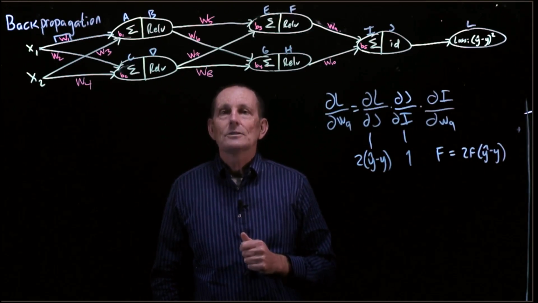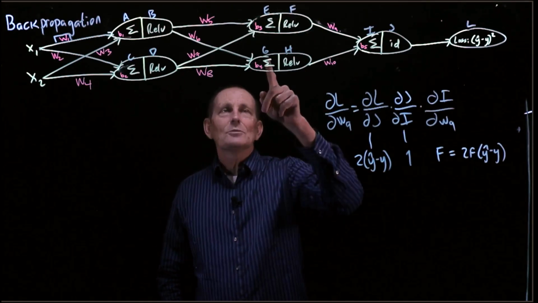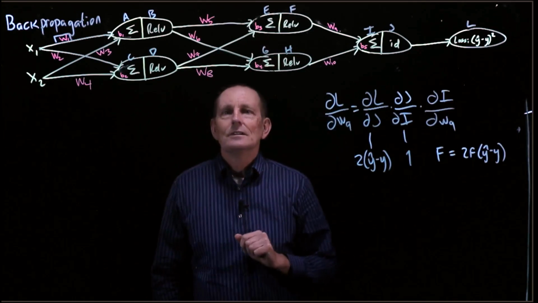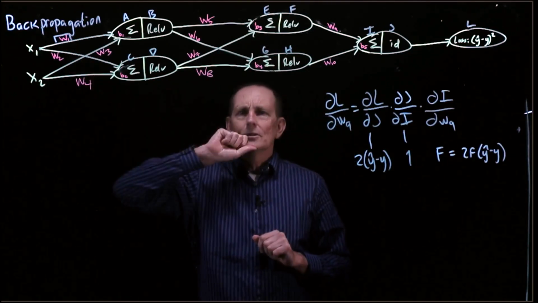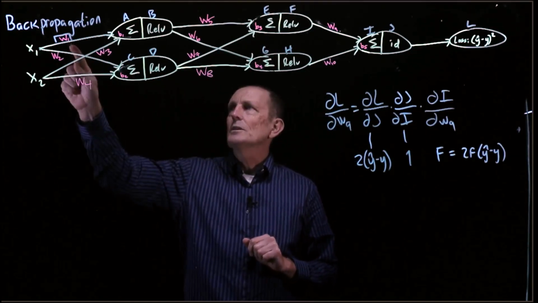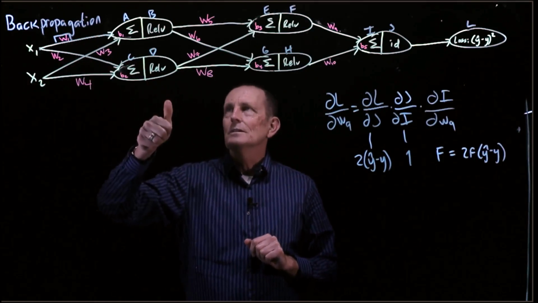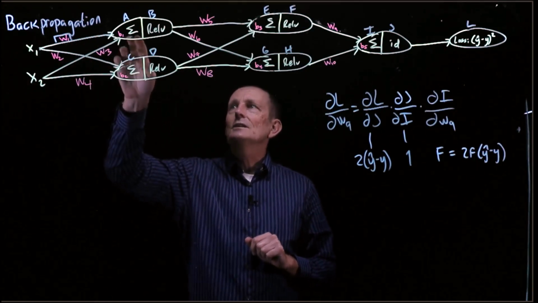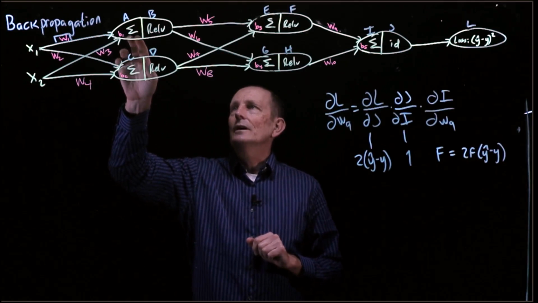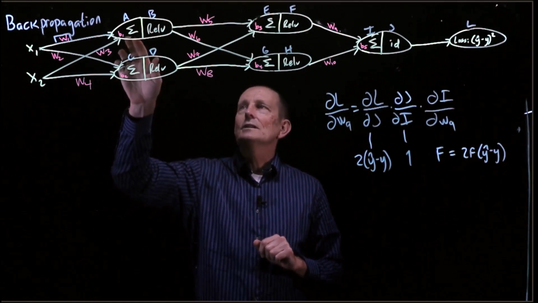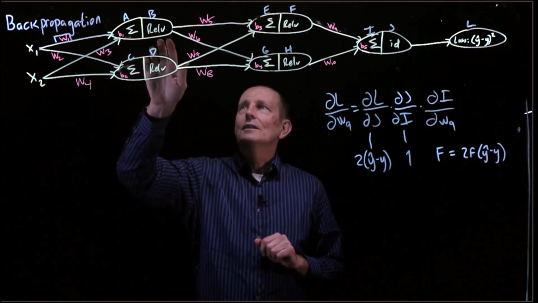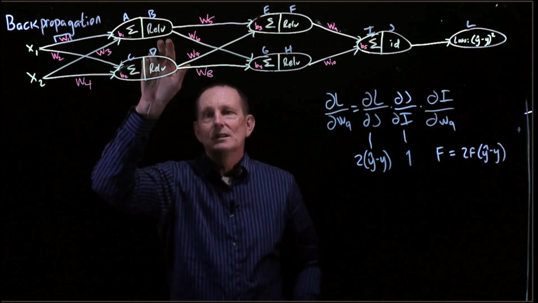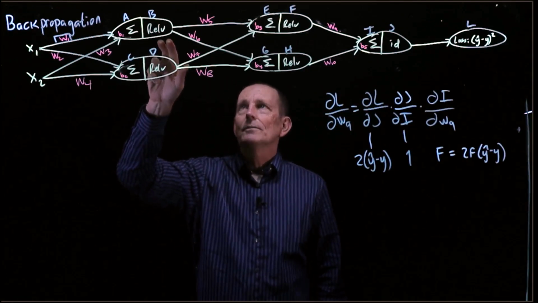Well, it turns out that because we have summations here, let's say we do a little numeric differentiation. So we take W1 and we increase it a little bit. And let's look at what happens. It increases A, right? It has no effect on C and D, but it increases A. May increase B, right, depending on whether the value was negative or positive.